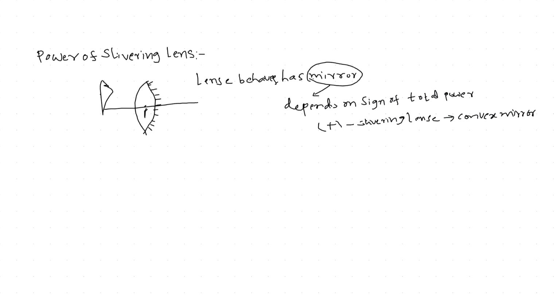The mirror behaves as convex, not concave mirror, because the converging mirror has positive power. If the total power of the silvered lens is negative, the silvered lens behaves as a convex mirror.